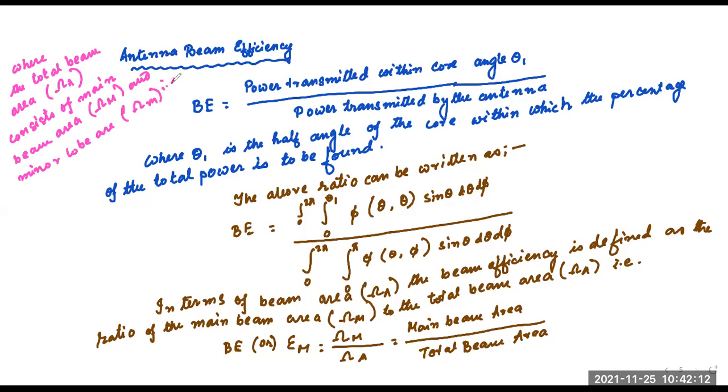That is, sigma A equals sigma m plus sigma small m.